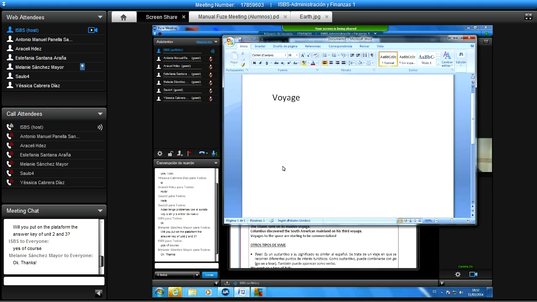Which is for astronauts, for example. The NASA, okay? A voyage is a trip to outer space, outside the globe. O sea, un viaje espacial se dice voyage.